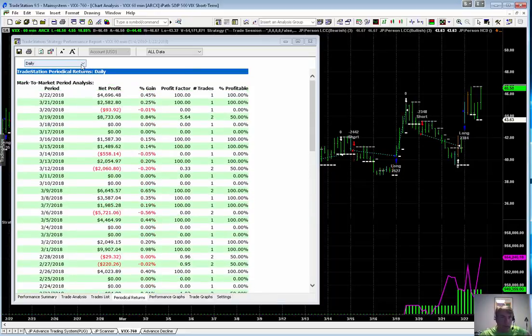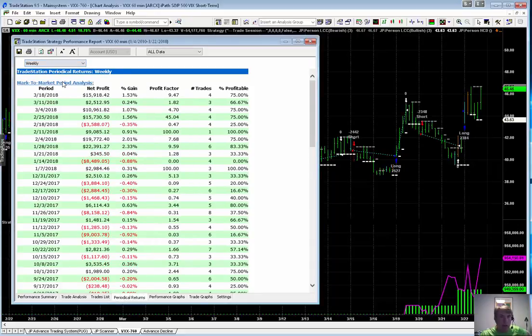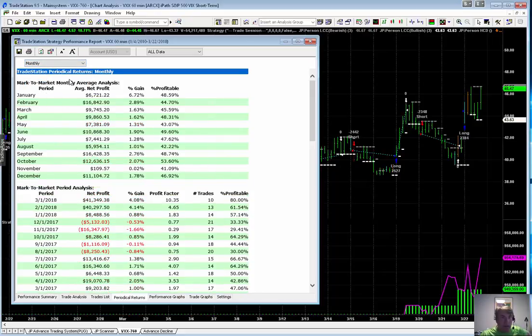So we got daily returns. We can take a look at annual returns. We could take a look at the average weekly returns. And you know, there's been some weeks back in December during the holiday period. There were some drawdowns, but you can see clearly there's outweighing of profits more so than there are of losses. Let's look at the monthly calculations.